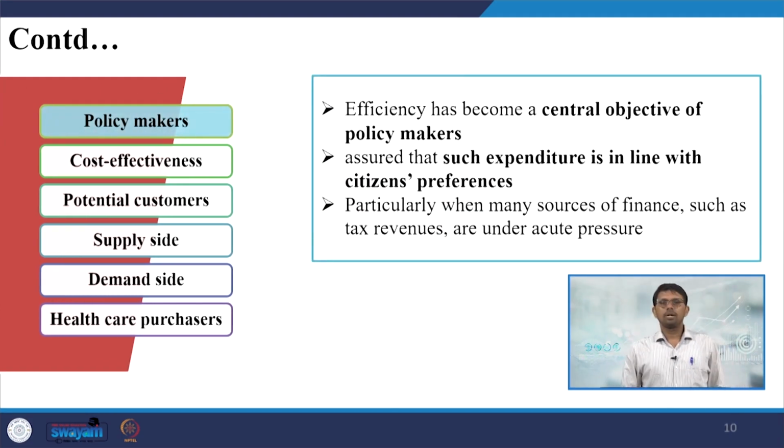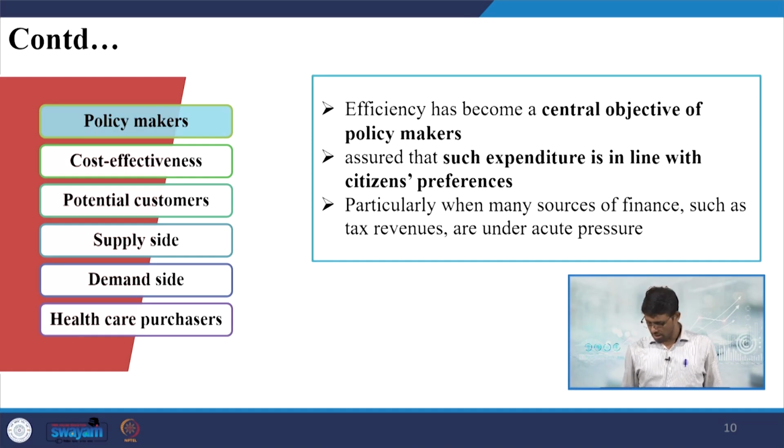Efficiency has become a central objective to the policymakers. They need to assure that expenditure is in line with citizens' preferences. When we look at the efficiency scores of each public healthcare provisioning unit and see that expenditure is in line with the citizens' requirements, then it is perfectly fine.